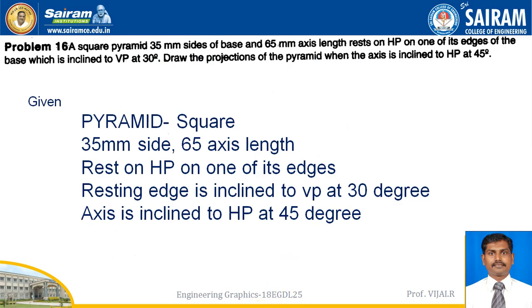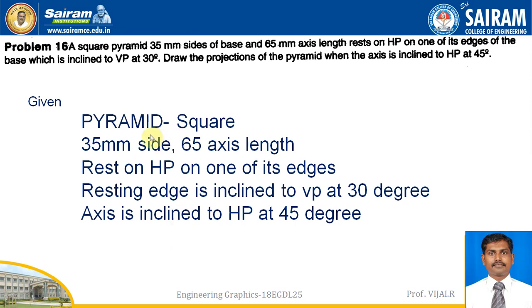This is a problem given in the VTU primer book. Problem number 16: a square pyramid, 35 mm side of base and 65 mm axis length, resting on one of its edges of the base inclined to VP at 30 degree. Draw the projection when the axis is inclined to HP at 45 degree. So this is the square data.